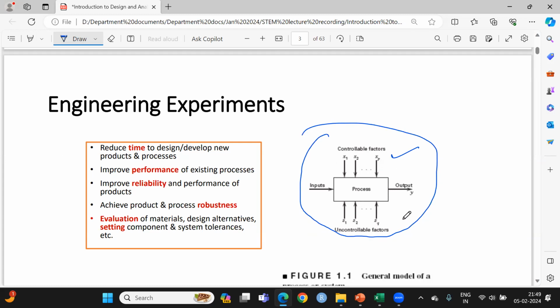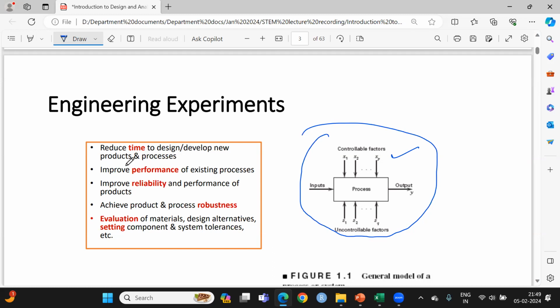If the variation is coming from a controllable factor, they can remove it, because controllable factor variations are those that can be controlled by the human being. But when a variation comes into the process due to an uncontrollable factor, they cannot remove it, so they either have to bring another solution for it or they have to keep it as it is.